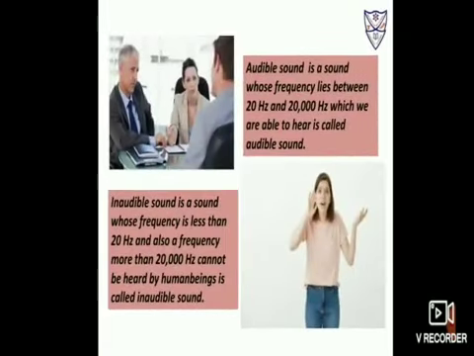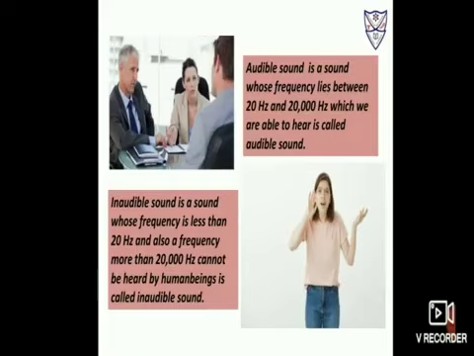As we have learned, a vibrating body produces sound. But if we vibrate our hand forward and backward, what will happen? Can we hear the sound? No. Why? Because its frequency is less than 20 Hz, which is not audible to the human ear. Our ear does not respond to sound having a frequency less than 20 Hz, and even if the frequency is higher than 20,000 Hz, we cannot hear the sound.